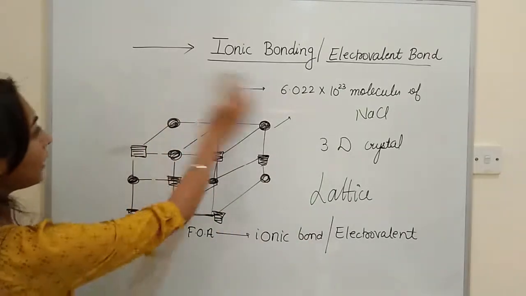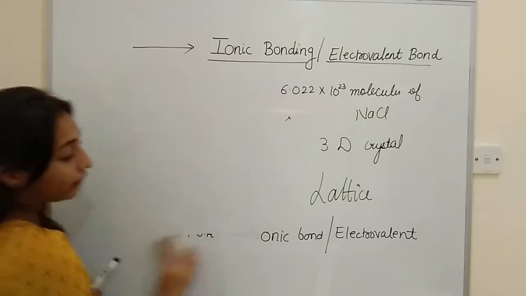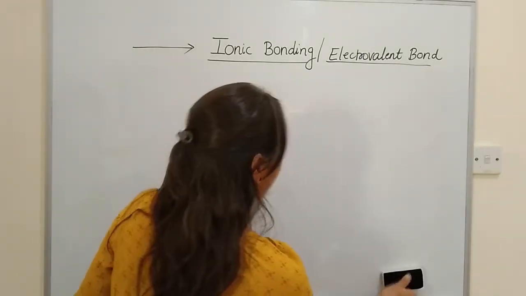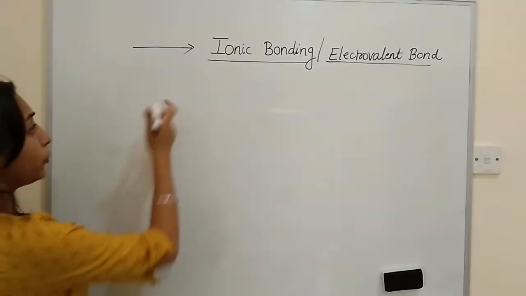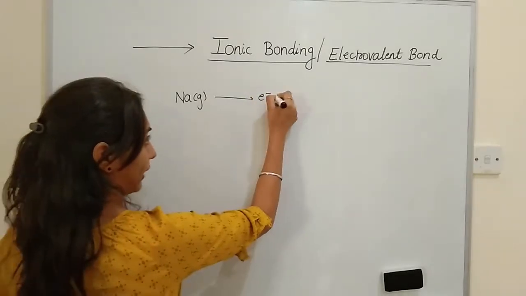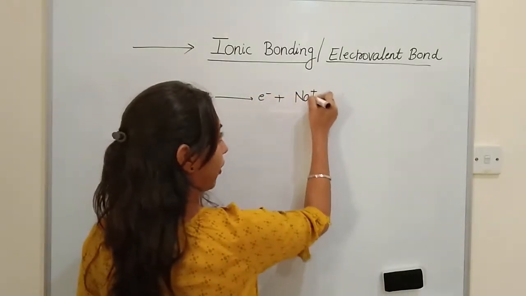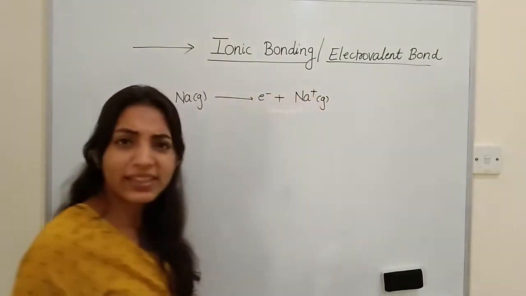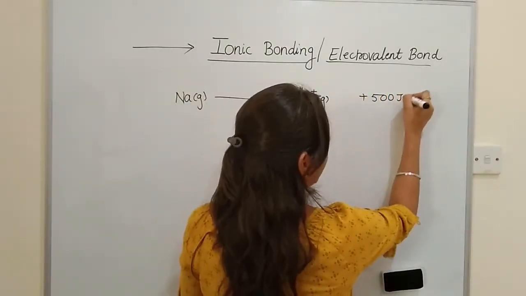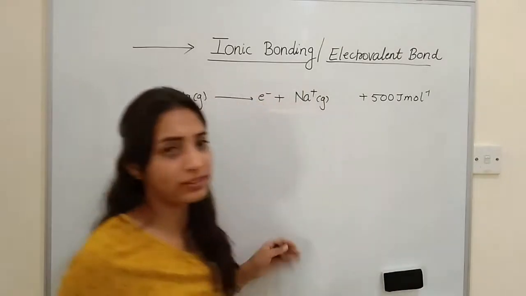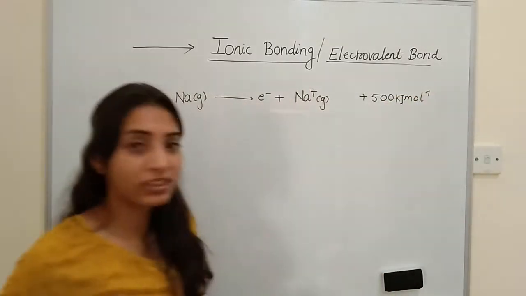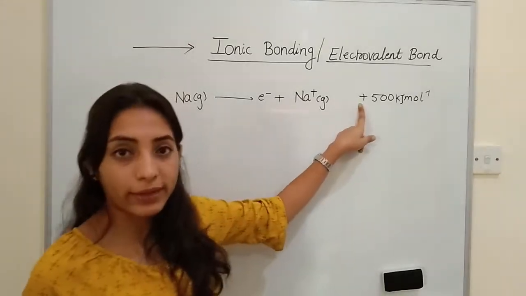Now let us quickly do the trends in ionization energy and lattice enthalpy. Let us talk about NaCl. Suppose for gaseous Na to lose 1 electron to form gaseous Na plus, energy is required, right? Let us say 500 kilojoules per mole is required.